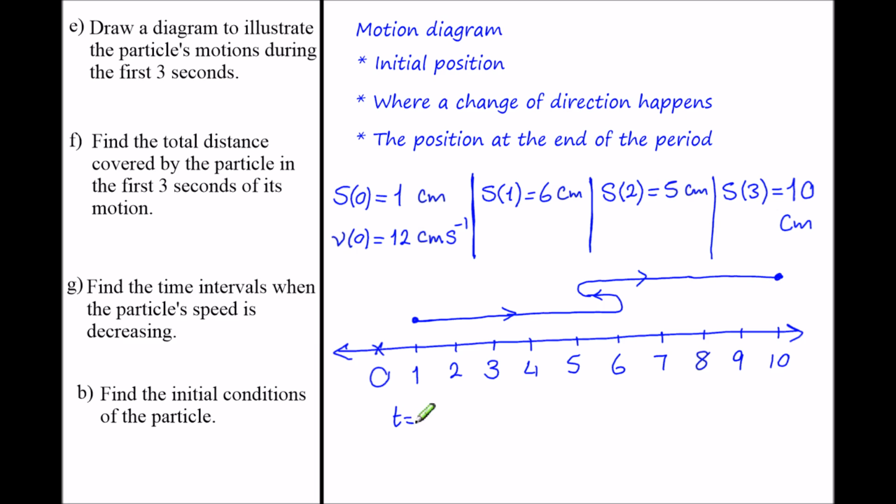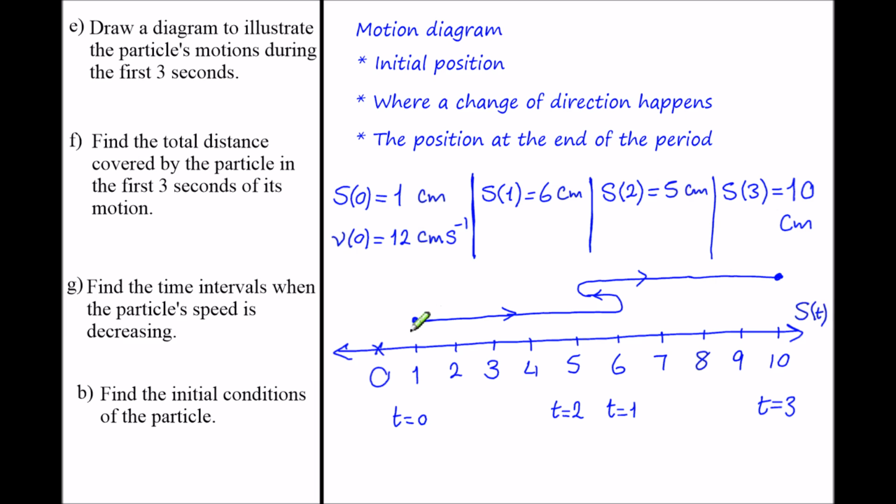So this here was at t equals 0. This here was at t equals 1, and then t equals 2, and then that here is at t equals 3. This is what describes s of t, the position of the object with respect to O at any time t.